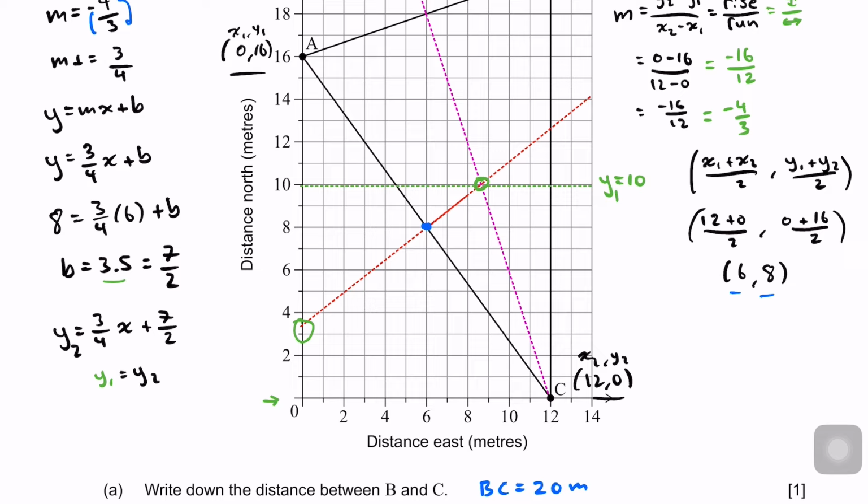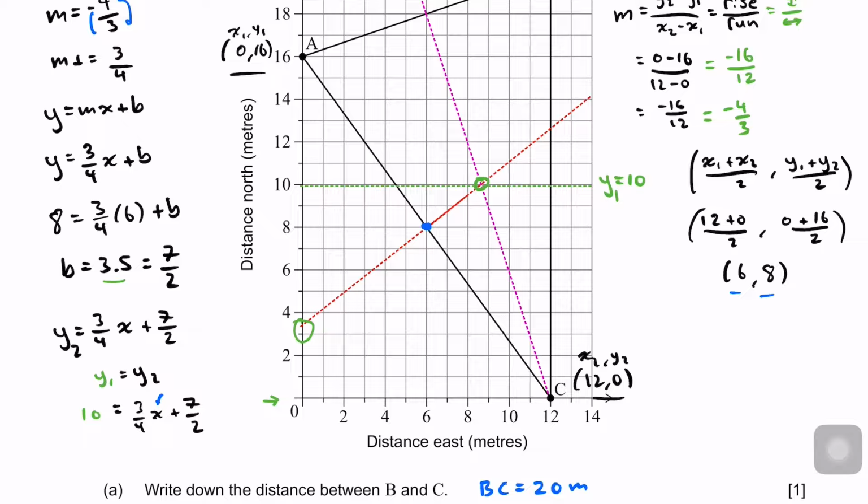Or that is to say, when does 10 equal, and remember this right here is y2, 3 over 4 x plus 7 over 2. And now we've got an equation with just one unknown, and we can actually solve for that. So that's probably the more algebraic way.